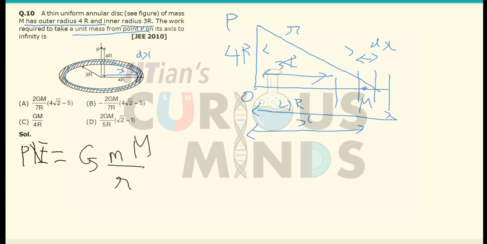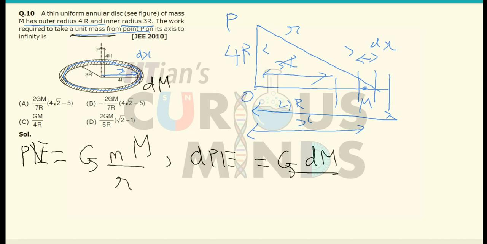Now m over here is the mass, and it is given as a unit mass, so small m is equal to 1. The small potential energy developed due to the small ring, letting the mass of this ring be dm, will be G dm divided by r.